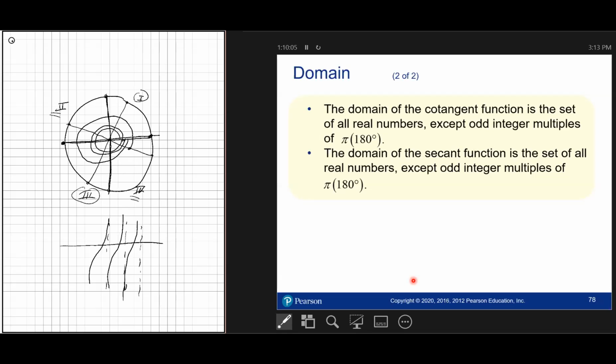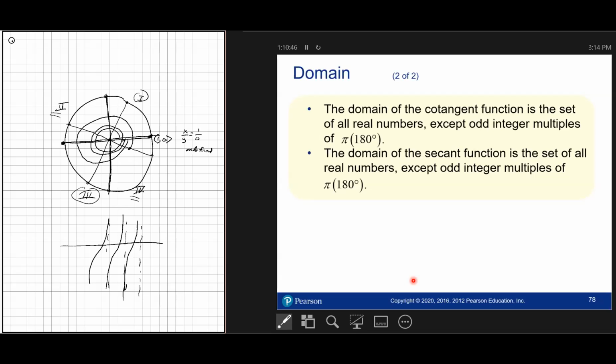So it's an integer multiple of pi, not just an odd multiple of pi, right? Because my point here is 1, 0, and x over y, which is cotangent, is 1 over 0, which is undefined. So that means the function does not exist at 0 radians.